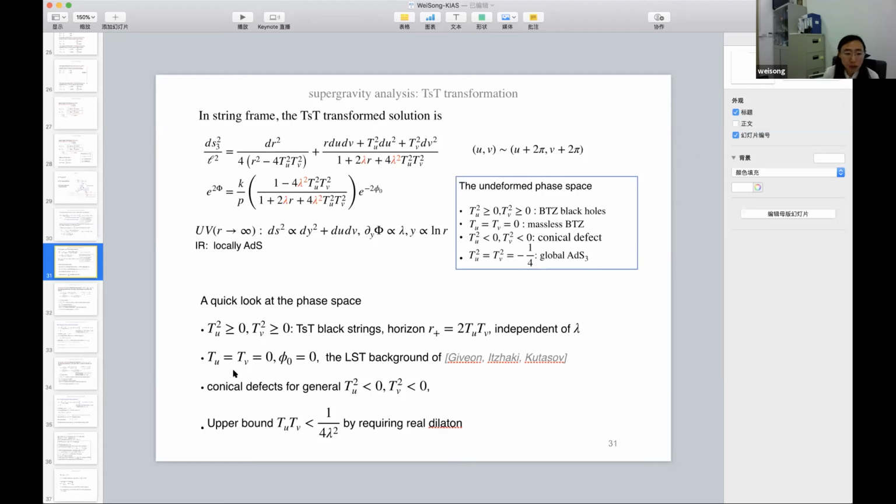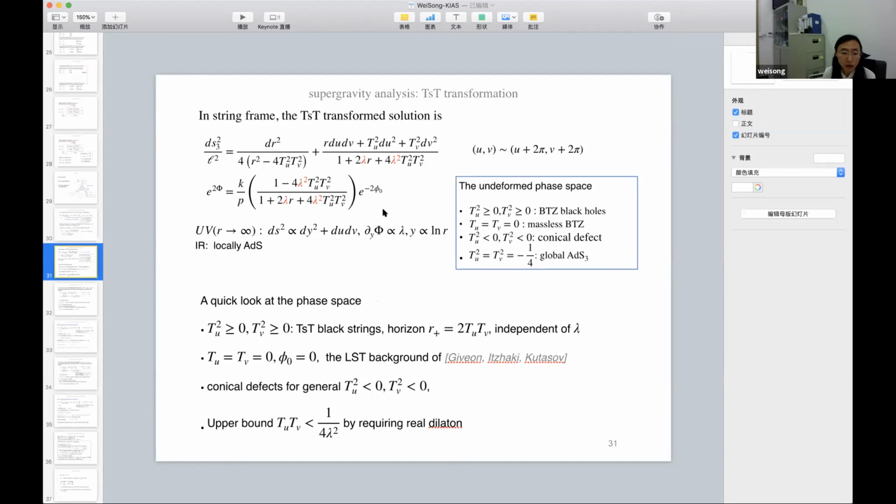And when Tu and Tv are 0, it has zero temperature, and in the field theory that's the analog of the Ramond vacuum of the dual field theory.